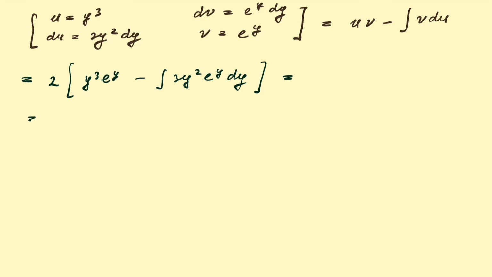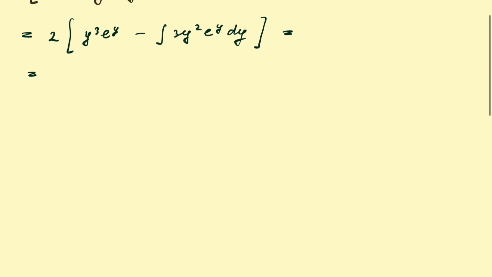Now we'll need to apply integration by parts one more time, but beforehand let's write our previous expression in a clearer way, which will be 6 times an integral of y squared e to the y dy.